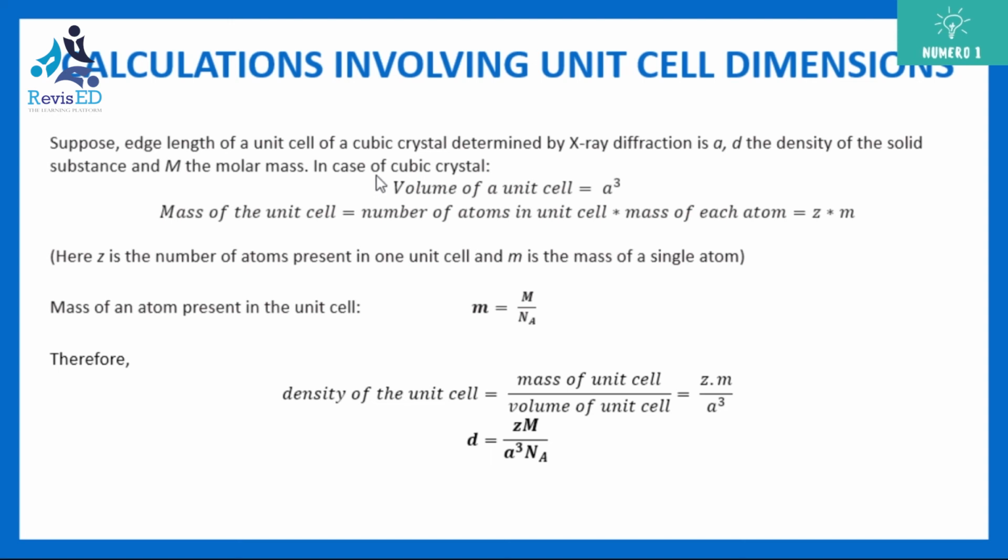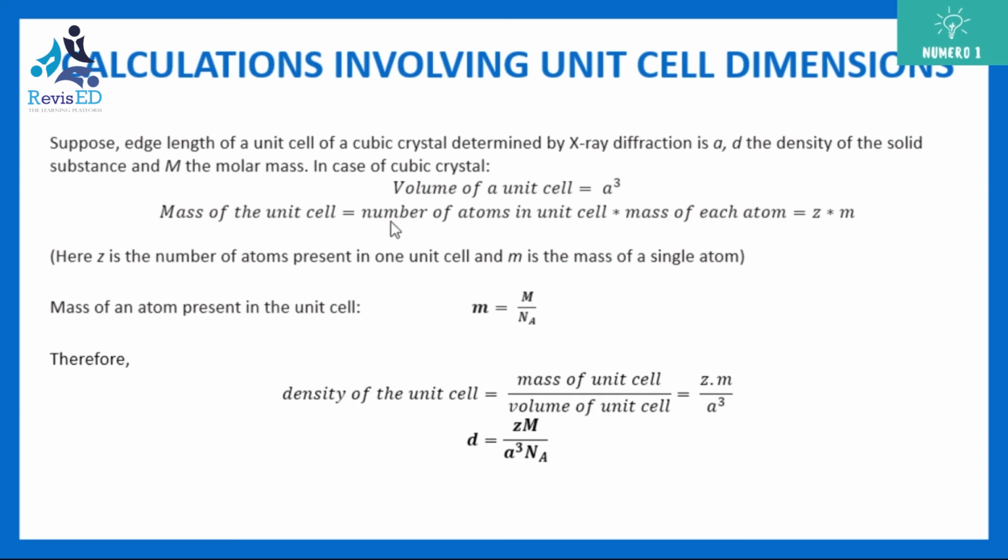So if we look inside a crystal lattice, we see that the volume of unit cell is A cube, because it's a perfect cube. Mass of the unit cell will be simply number of atoms in unit cell into mass of each atom.